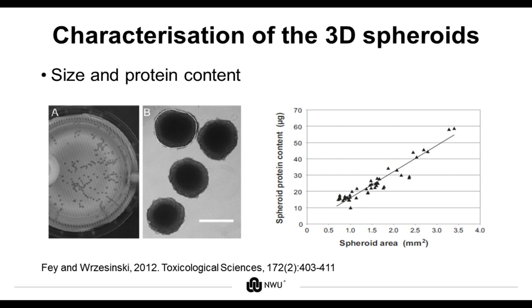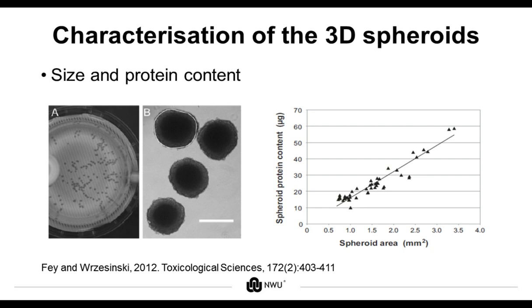Firstly, we characterize our spheroids based on size and protein content. By taking daily photomicrographs of the spheroids and measuring the planar shadow surface area with ImageJ software, the size is determined. The Bradford assay is used for protein determination of each spheroid.